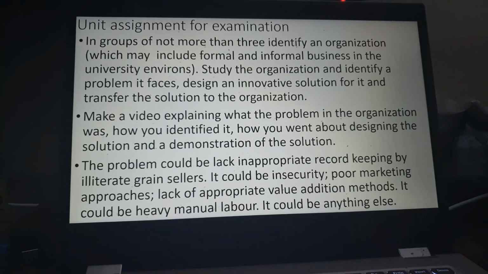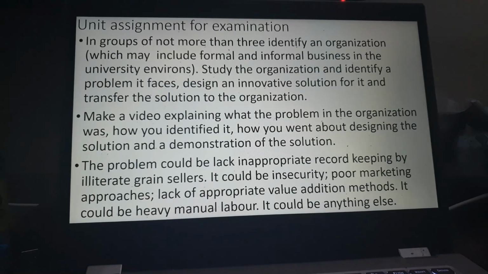So can you come up with an innovative way to help these illiterate traders also keep their records? The double entry that we give you at the university level may not be applicable. They will not even understand it. So it's for you to come up with an innovation that addresses that.